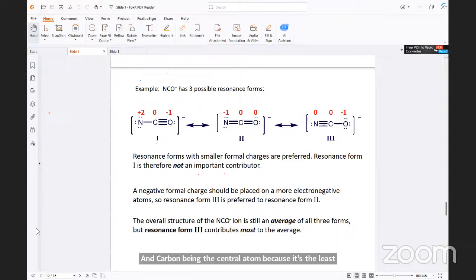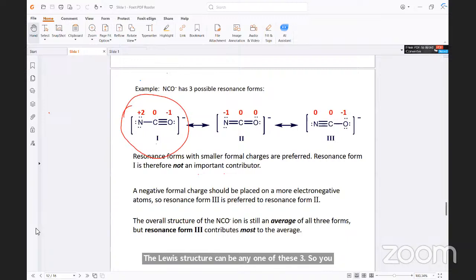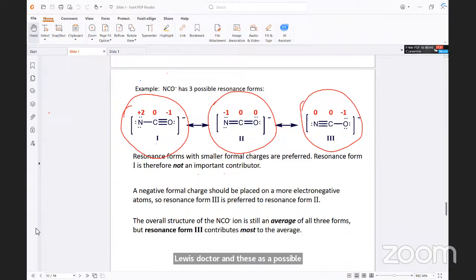If you want to write its Lewis structure, it can be any one of these three. So you have this as a possible Lewis structure, this as a possible Lewis structure, and this as a possible Lewis structure. And they have resonating bonds.